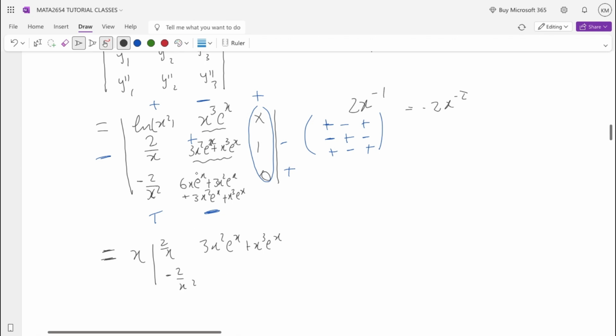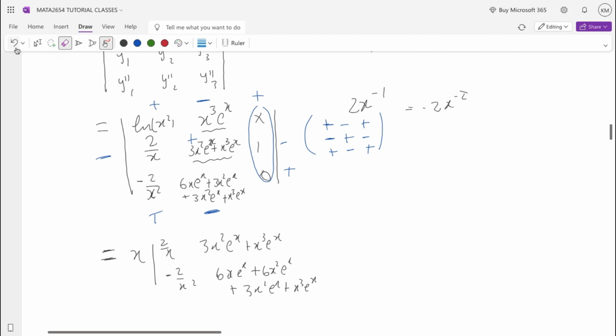Then let's see here, we can say 6x e to the x plus 1. Then these two are like terms, so I can also say plus 6x squared e to the x plus 3x squared e to the x.